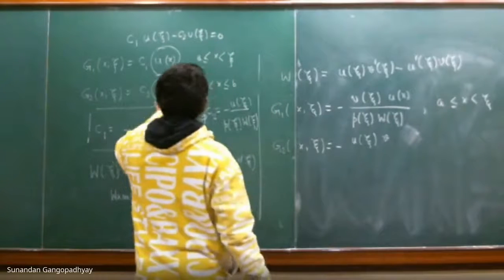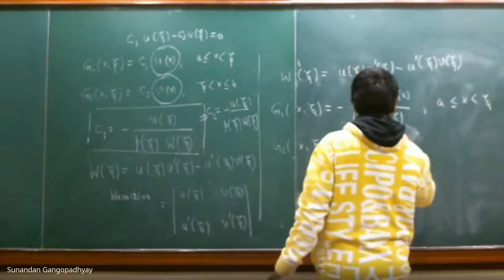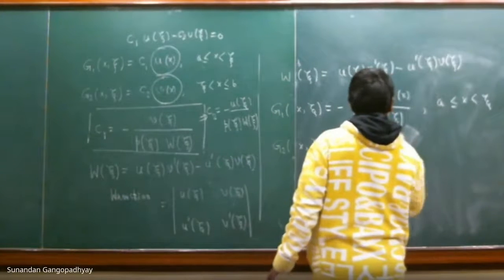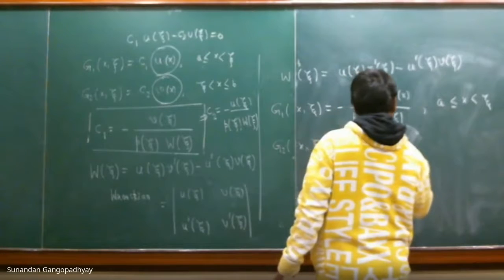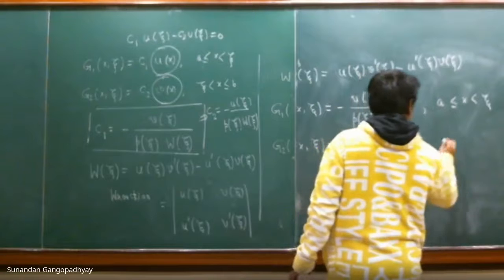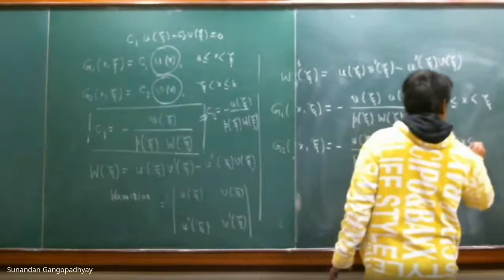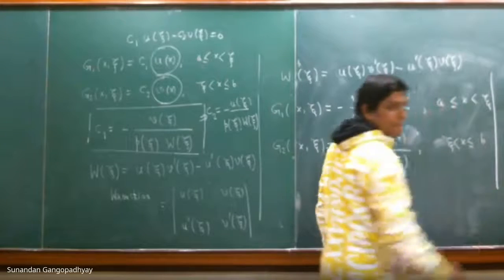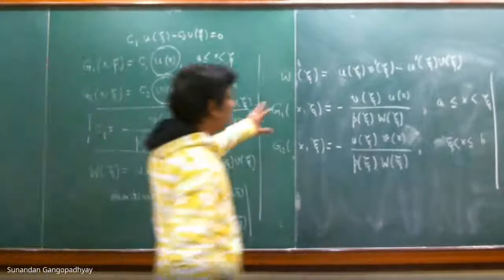G2 is C2 into Vx, so it is minus U of xi into V of x by P of xi into W of xi. And this is in the interval xi less than x less than or equal to b. Okay? So this is the final form of the Green's function.